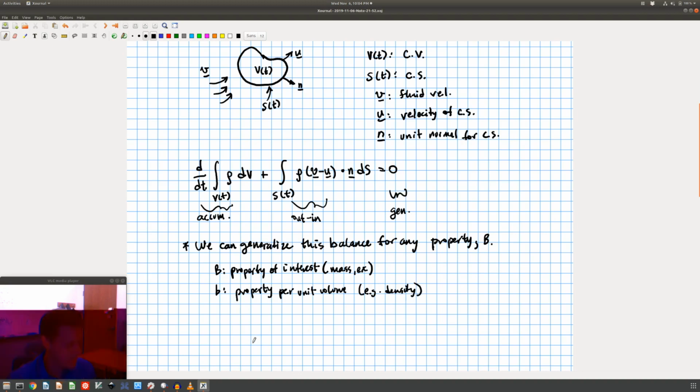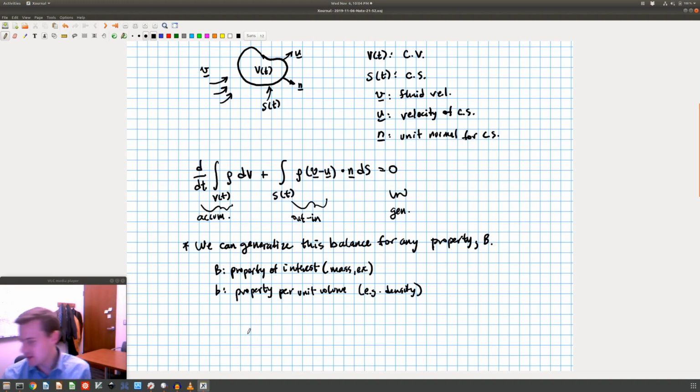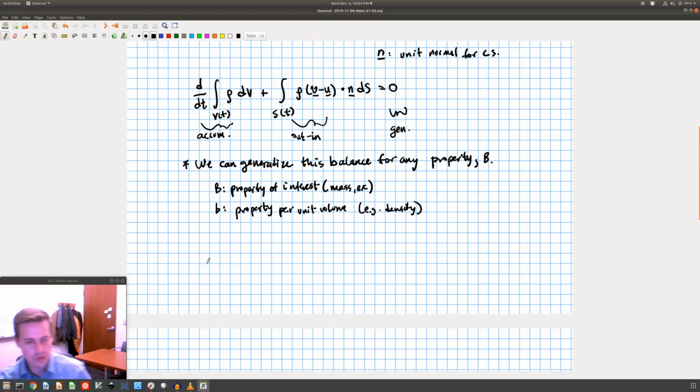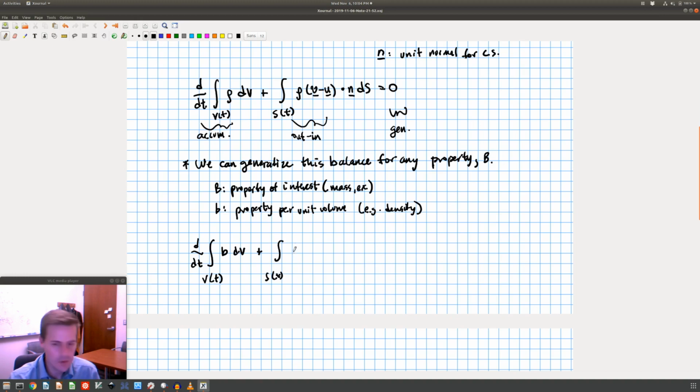All right, and what I'm going to do is write down a general balance that looks a lot like this guy, but where I have rho's, I'm going to put a little b, and where I have m's, I would put a big B. So I'm going to write down time derivative of the integral of the volume, and then I'm going to have a little b dV plus a surface integral S of t, little b times v minus u dot n dS equals, and now I need something else over here.